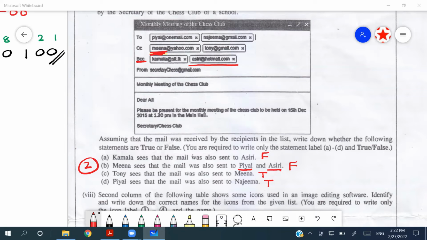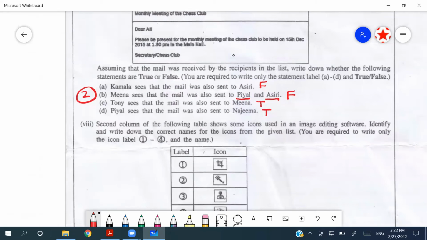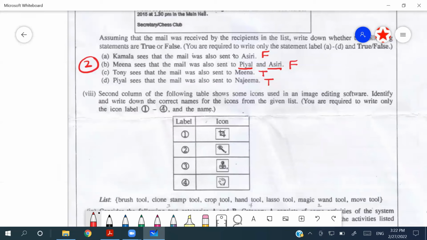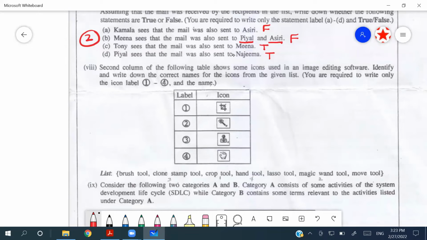Right, great. Okay, question 8. The second column of the following table shows some icons used in an image editing software. Identify and write down the correct names for the icons from the given list. You are required to write only the icon label 1 to 4 and the name. So the first one is the crop tool.